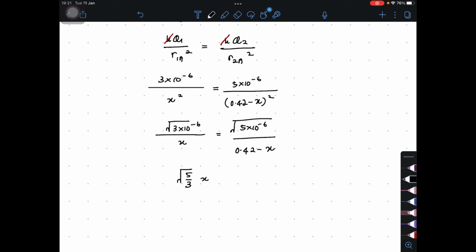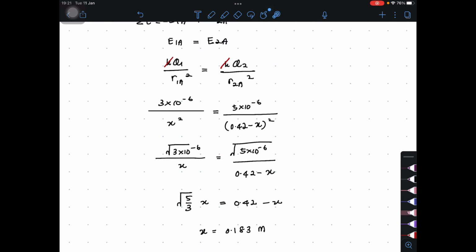Please double check this one. x will be equal to 0.13 meter. Since we have already converted to meter here, your final answer is in meter.